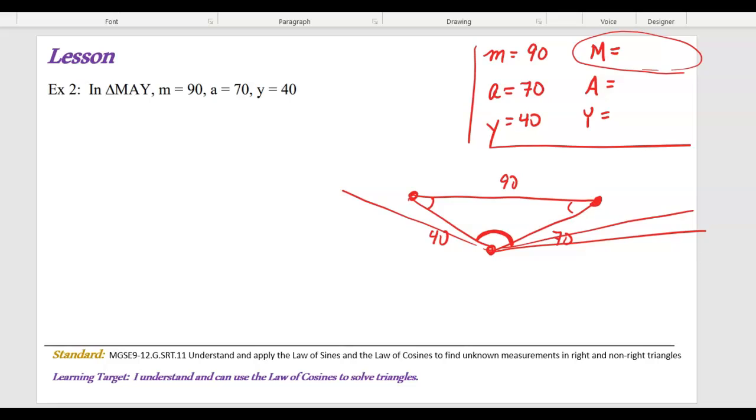Dive straight into finding M for law of cosines, meaning I'm going to use M squared equals A squared plus Y squared minus 2AY times cosine of angle M. Okay, so if I'm trying to find angle M, I start with length M in the formula.